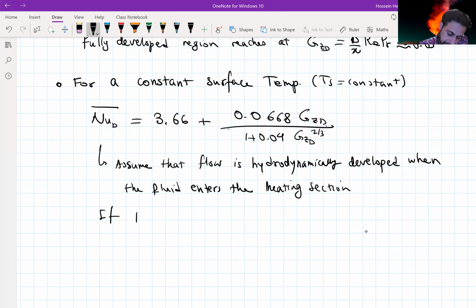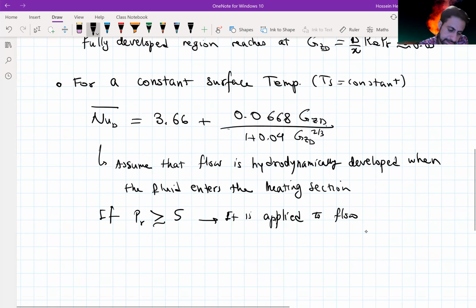However, if we have a Prandtl number greater than 5, we can use the above equation. It is applied for flow that is hydrodynamically developing.